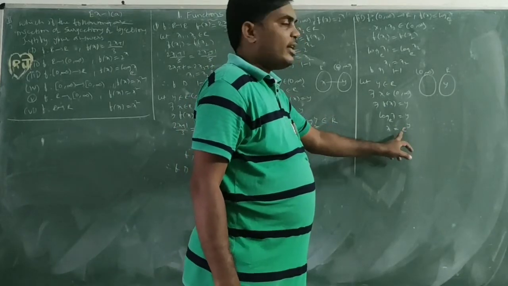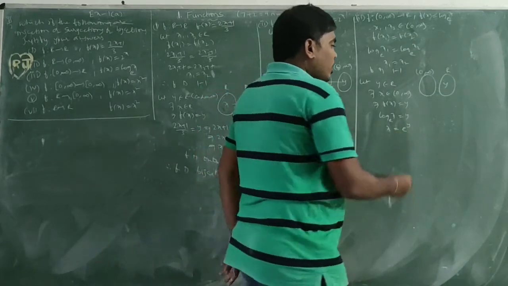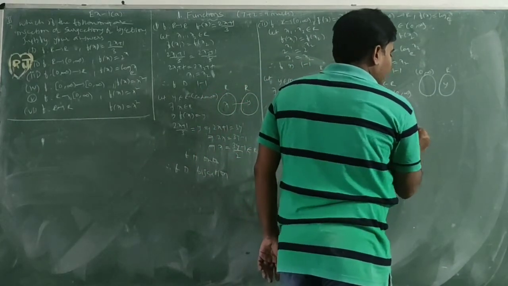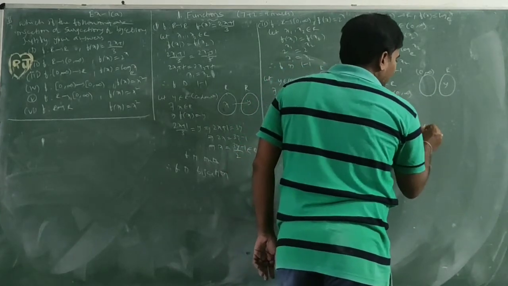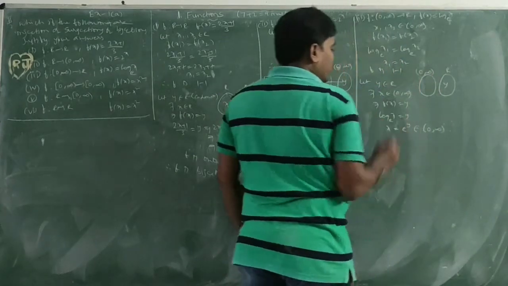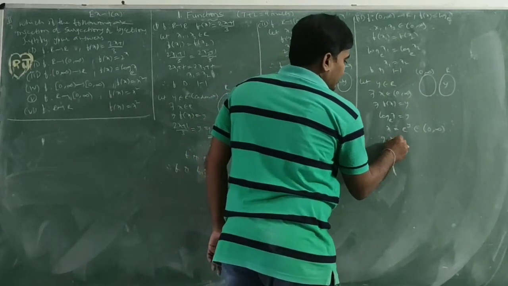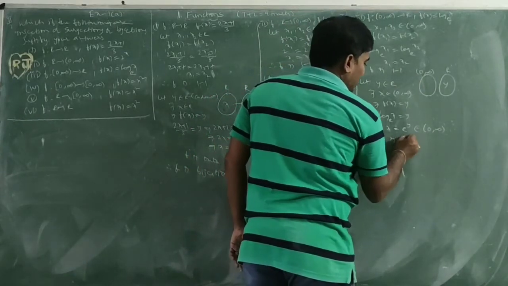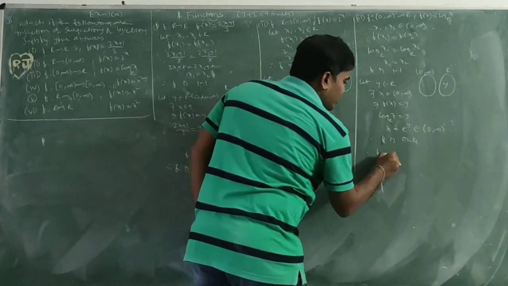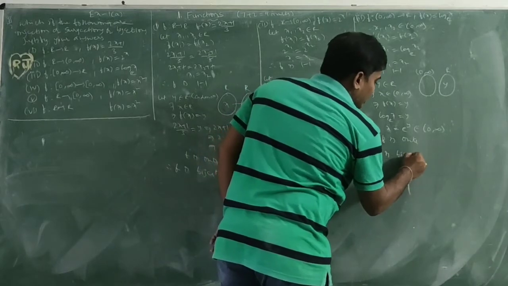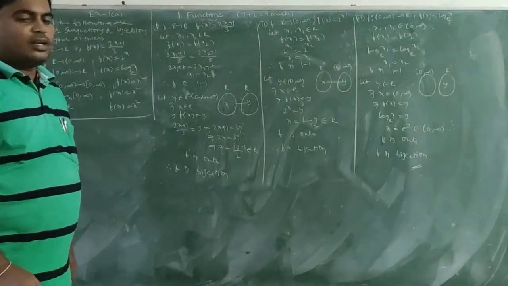Whatever the number we take, the base is positive, so the exponent result is always positive, so it lies between 0 and infinity. Therefore f is onto. So here also one-one and onto, therefore f is a bijection. In these three situations, all are one-one and onto.